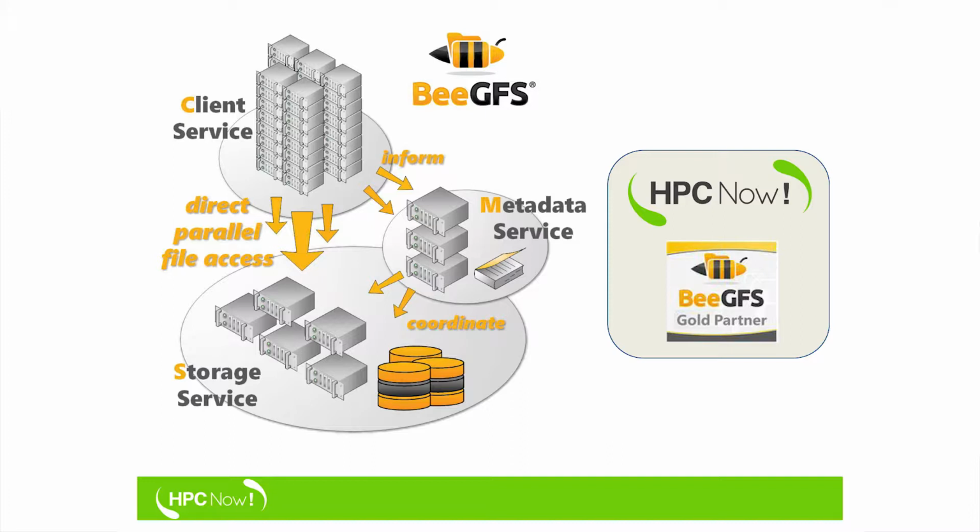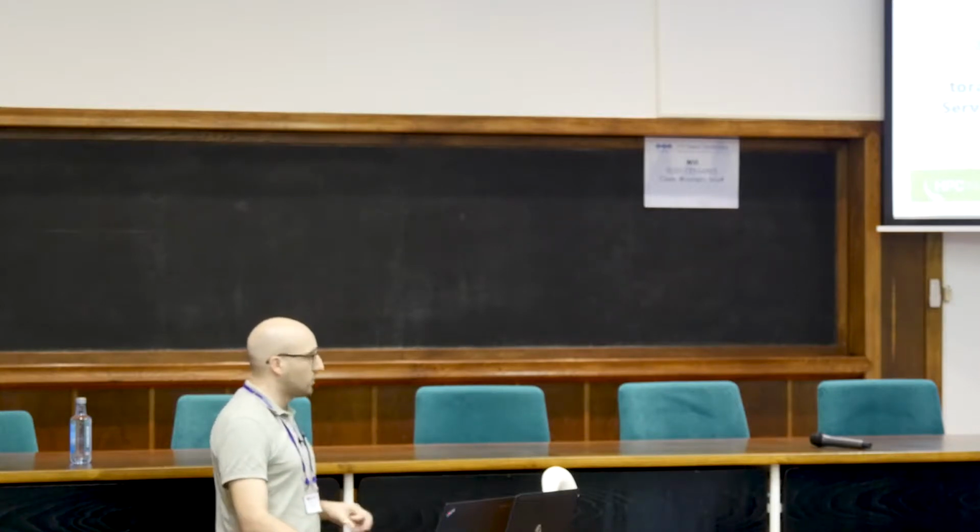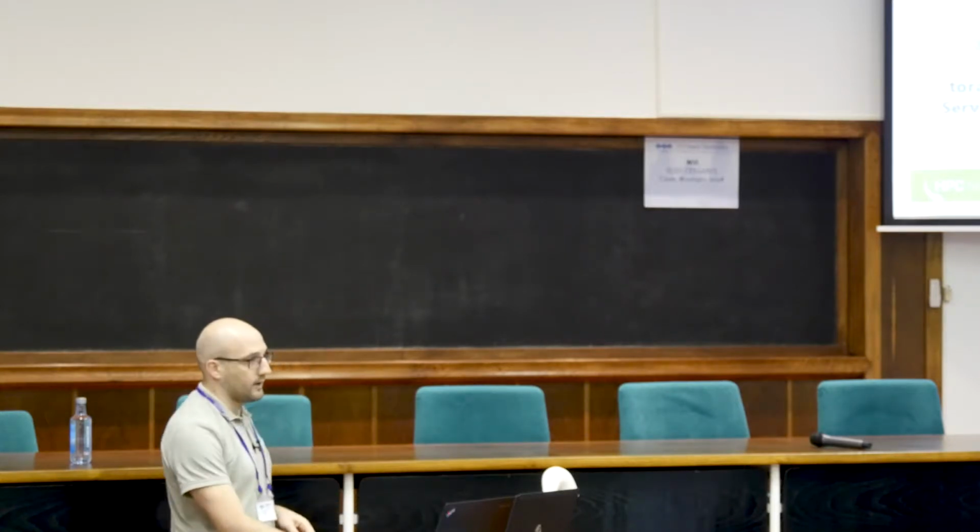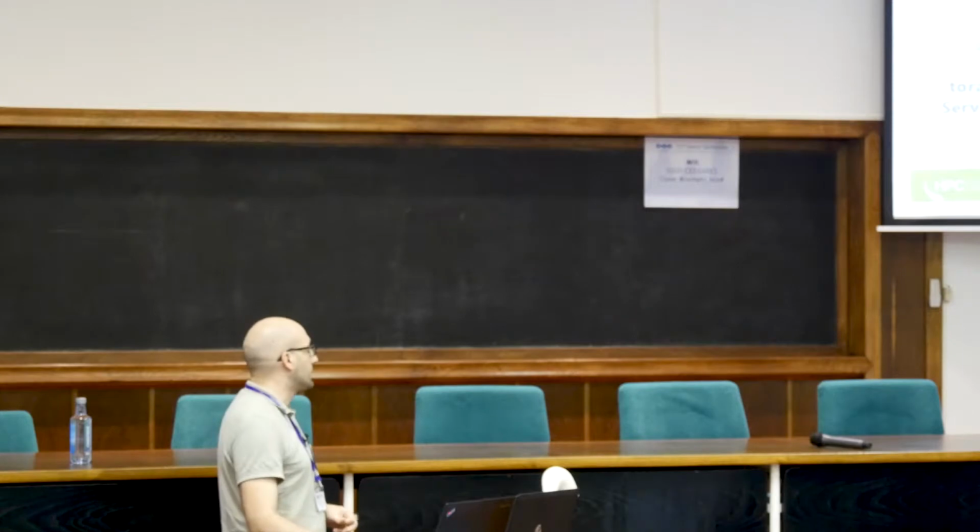This stores the information about the files, like file name, attributes, owner, etc. And then we would have the storage service. We are a gold partner of BeeGFS, and although we are also a gold partner of Lustre and GPFS, we are going to focus today on BeeGFS.